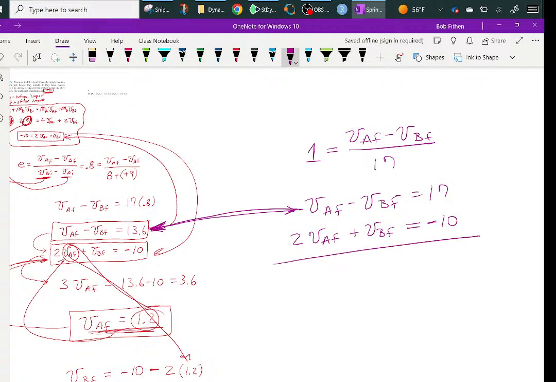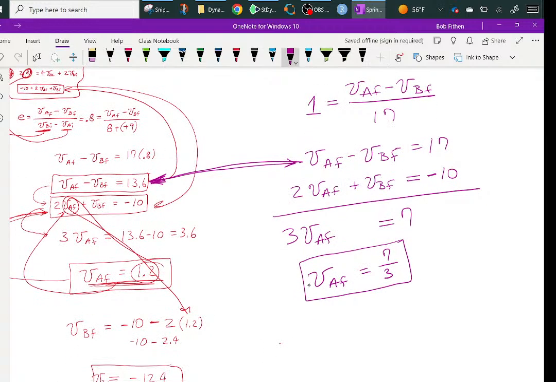Now I can add them together and I'll get 3 VAF is equal to 7, if I did that right. And then VAF is equal to 7 over 3, and I'm not even going to worry about changing that. So if I get a VAF, which one would be easier? If I did that one, I don't think there is an easy one.